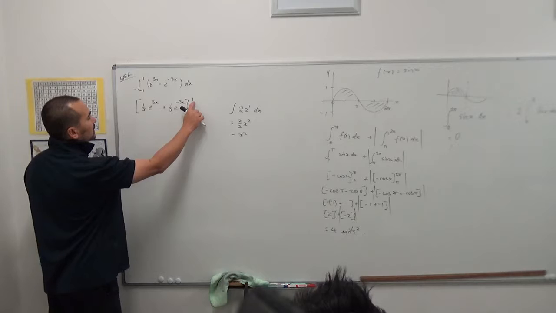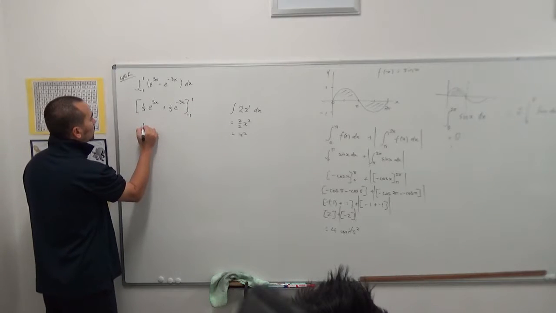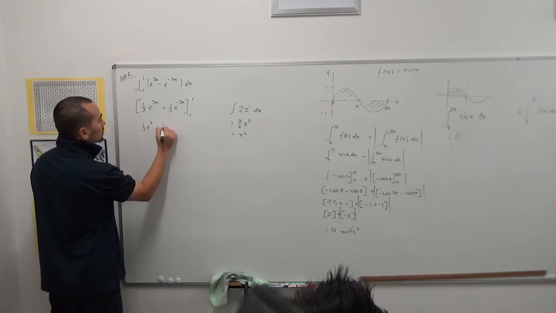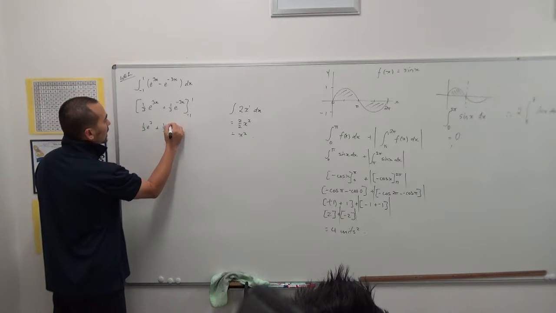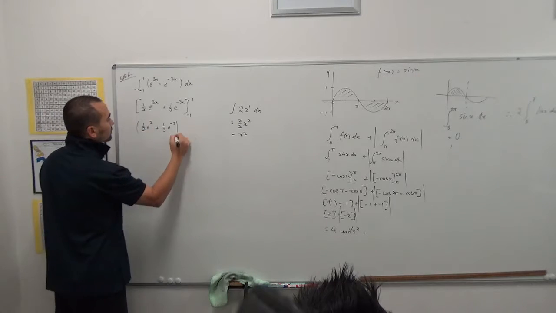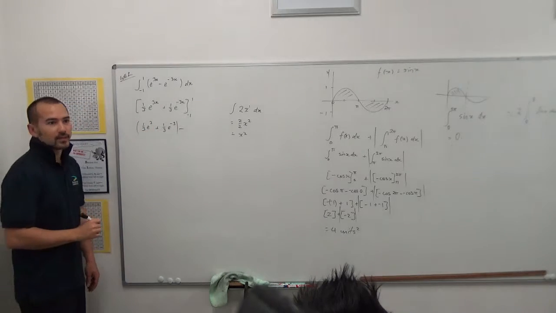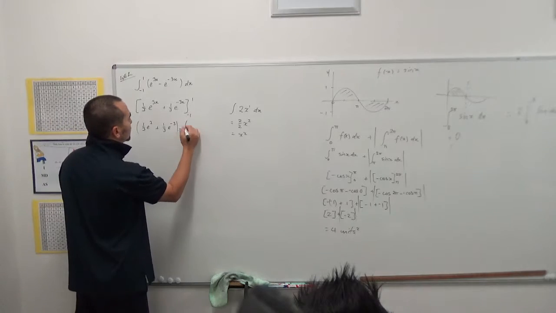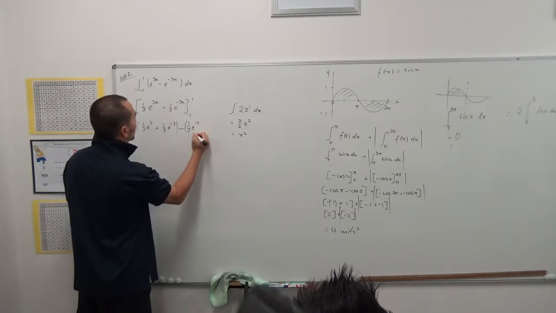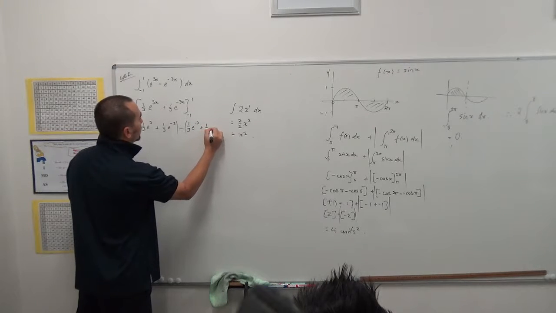Putting in the upper bound first, we get 1/3 e to the power 3 plus 1/3 e to the power -3. Take away the lower bound, which is 1/3 e to the -3 plus 1/3 e to the 3.